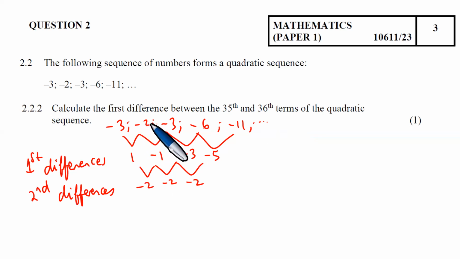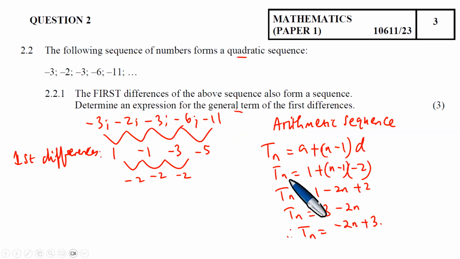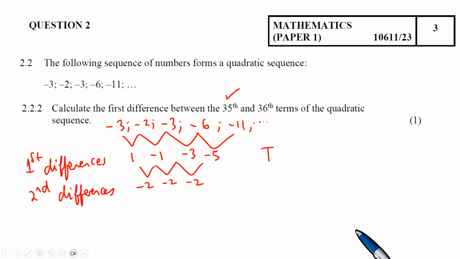Between the second and the third, it becomes the second term. Between the third and the fourth, it becomes the third term. Between the fourth and the fifth, it becomes the fourth. So between the 35th and 36th, it will become the 35th. We use the formula we got from the previous question, which is Tn equals minus 2n plus 3.